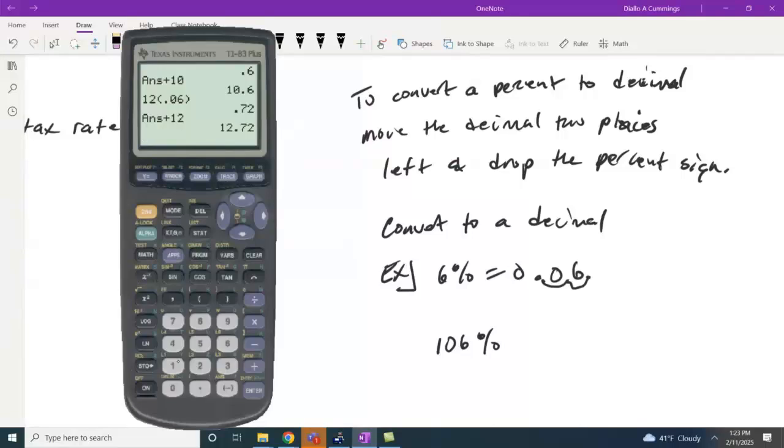I drop the percent symbol and move the decimal 2 places to the left. So 106% is equal to 1.06. That means if I take something that's $12 and multiply by 1.06, I get that $12.72 in 1 step versus 2 steps. Now here's the thing about percentages, and we'll talk about the decrease in the next step.